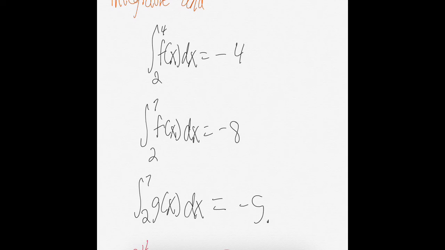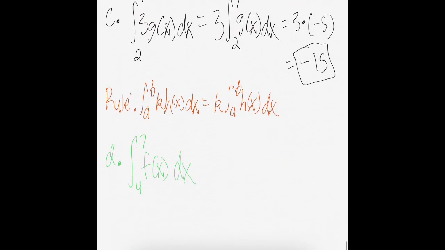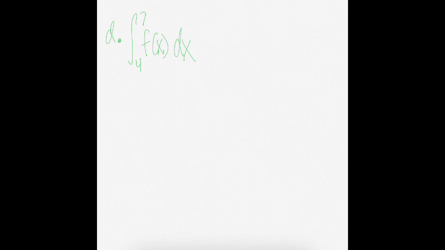Part D wants us to integrate from 4 to 7 f of x dx. So if we look at what we have, I know what the integral from 2 to 4 is of f of x dx, and I know what the integral from 2 to 7 is of f of x dx. But I don't know 4 to 7 explicitly.